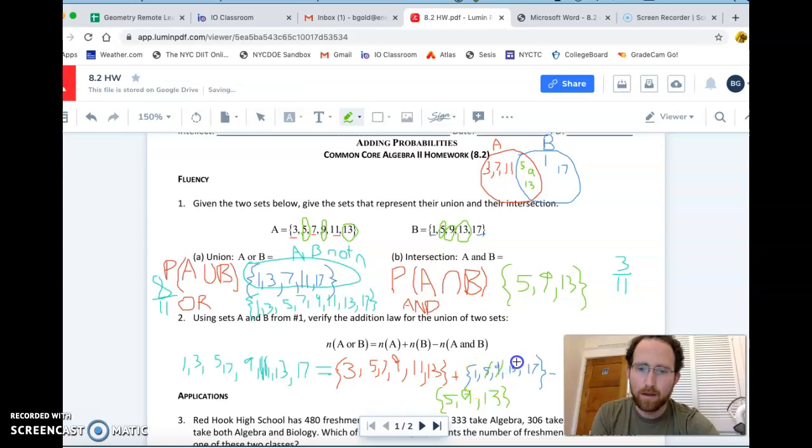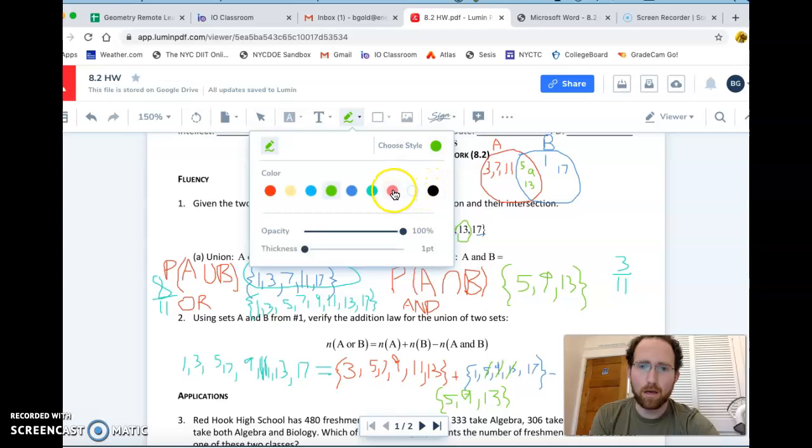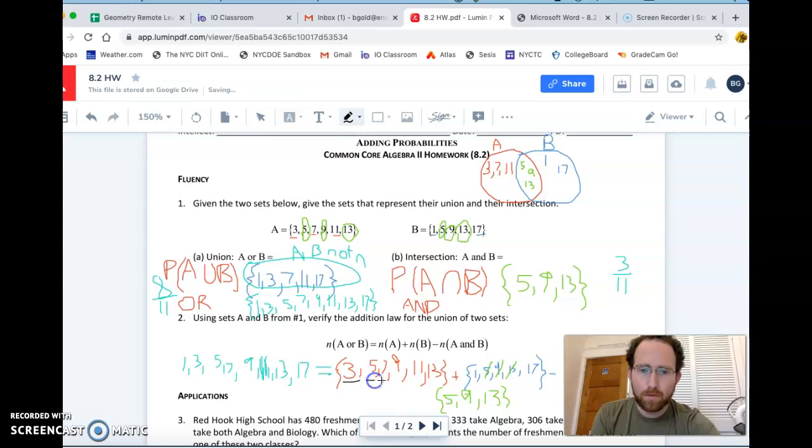You can take it out of either set. You take that out and you get 1, 2, 3, 4, 5, 6, 7, 8 numbers. Let's check it. We have 1, 3, 5, 7, 9, 11, 13, and 17.